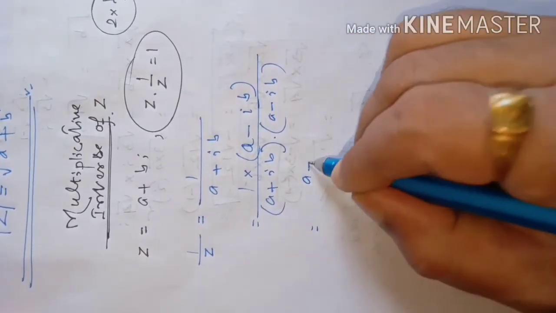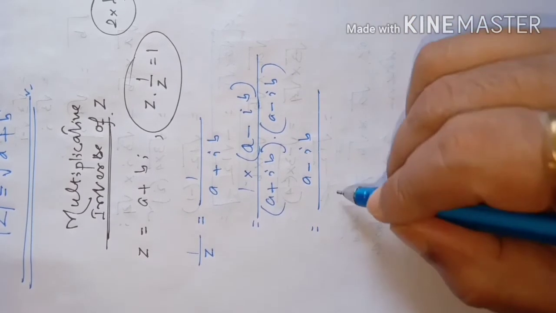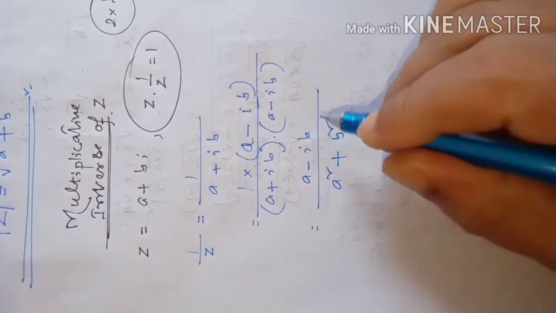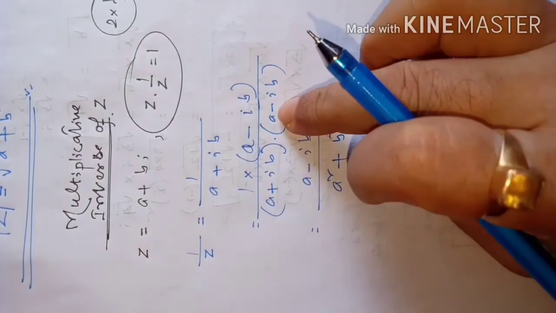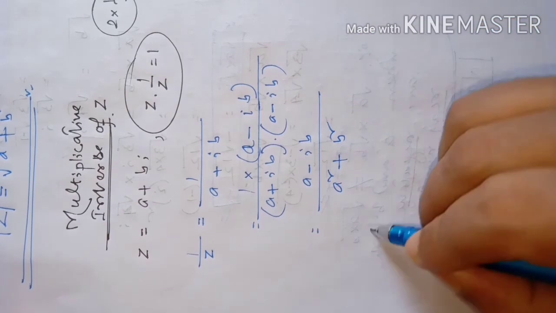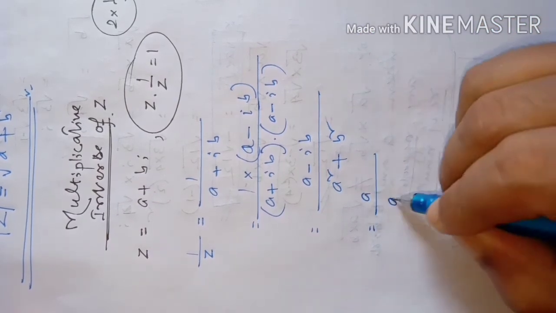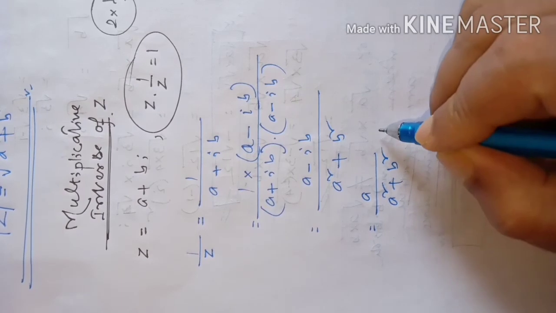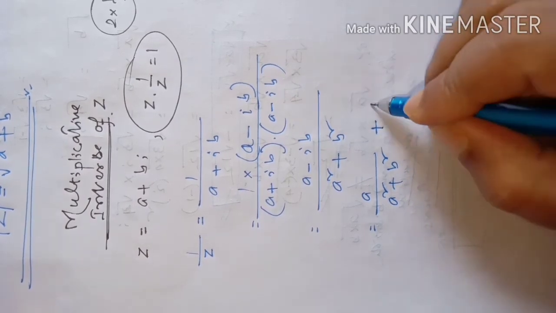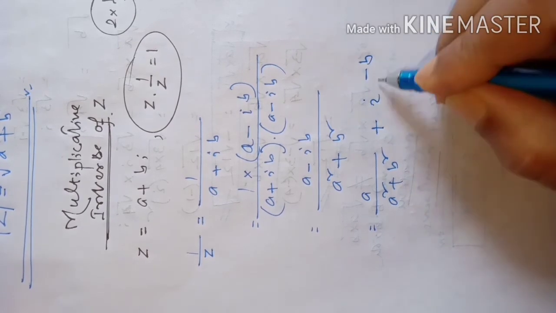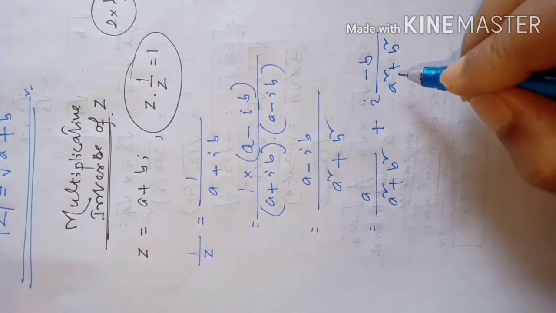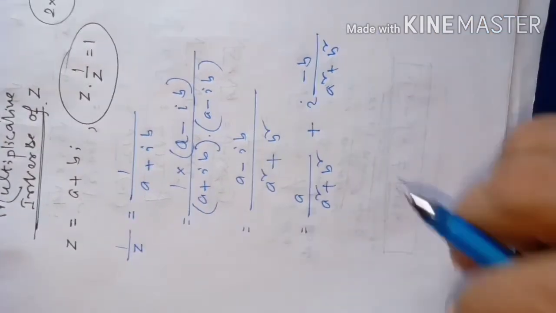So it will be a minus iota b divided by a square plus b square, no? Because it will be a square minus iota b whole square, and iota square is minus 1, so it will be plus. So it will be a by a square plus b square, plus iota into minus b by a square plus b square. So this will be the 1 by z.